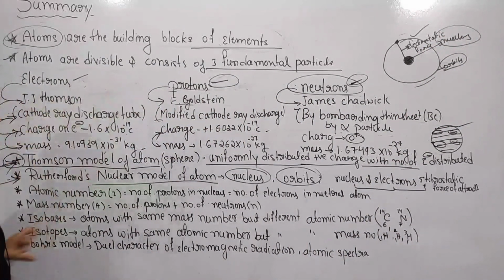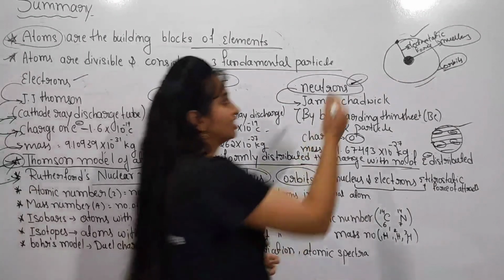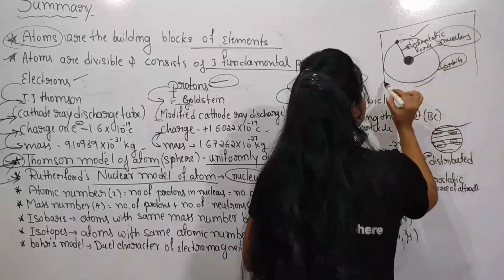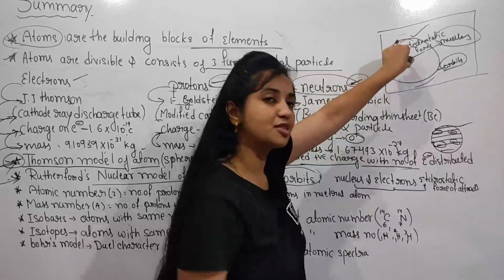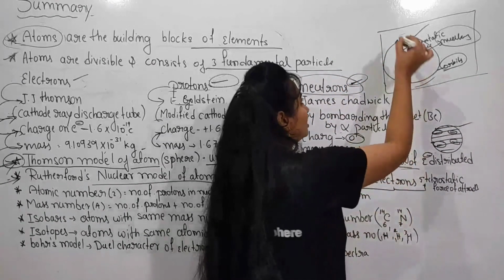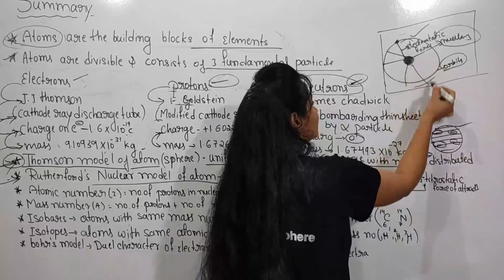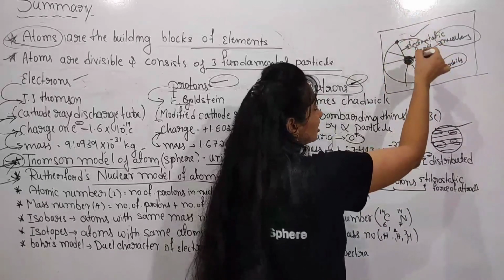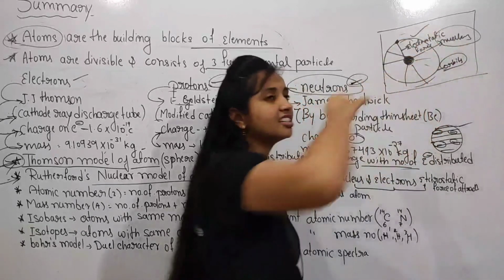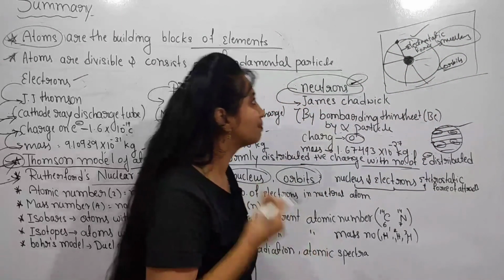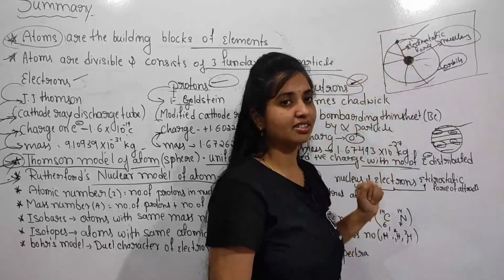So this is the idea of the structure of an atom according to Rutherford. He says the nucleus is very small and in between there is large space, and electrons revolve around the nucleus in a certain circular path, called an orbit.